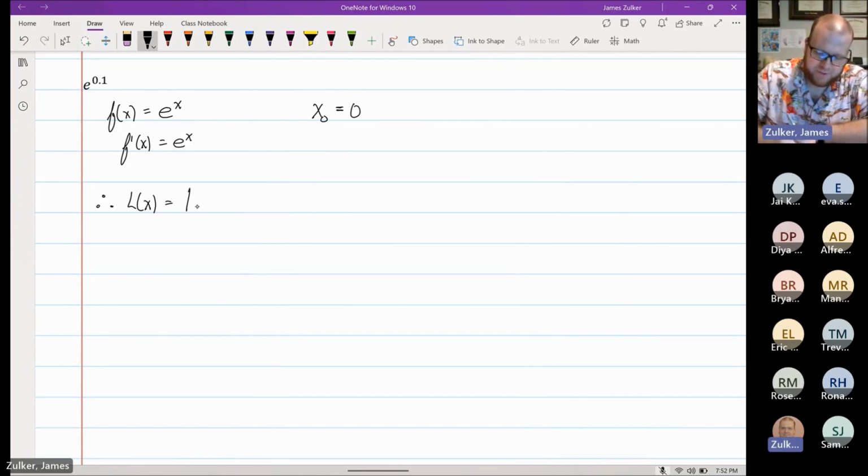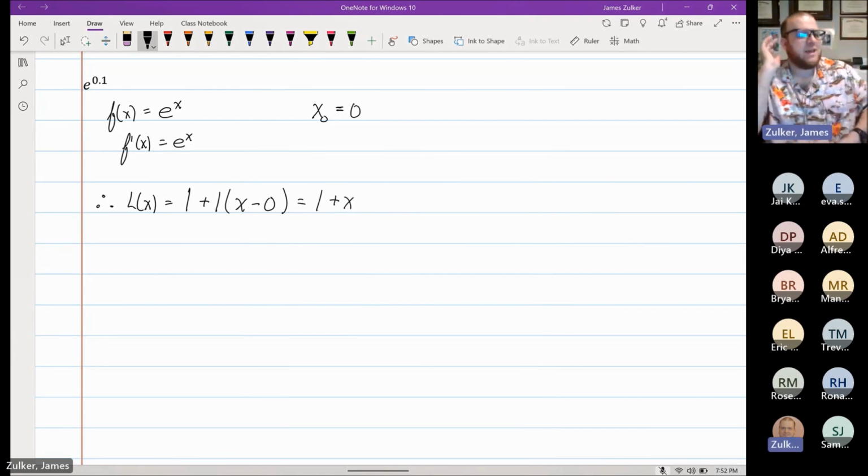Linearization would be e to the 0, which is 1, plus e to the 0, which is 1, times x minus 0, which is just x. You get 1 plus x.